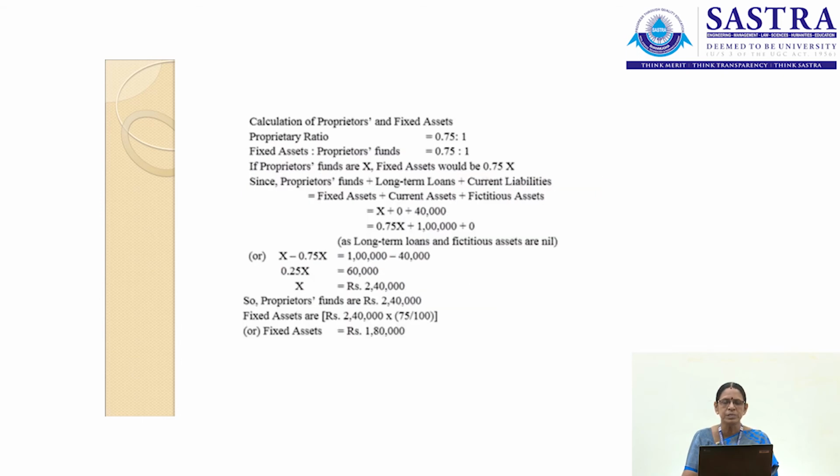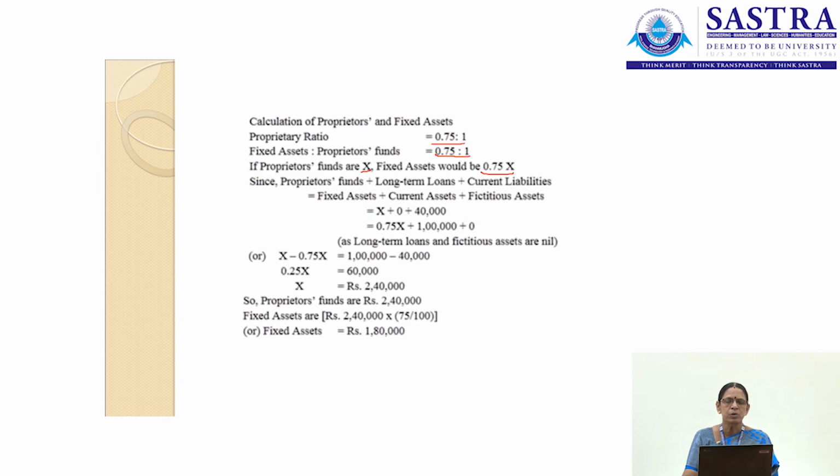Calculation of your proprietors funds and your fixed assets. Proprietary ratio is 0.75, it is given in the problem. When proprietors funds is calculated in the ratio of fixed assets to proprietors funds, that is 0.75 is to 1. That means your proprietors fund is taken to be X, fixed assets is 0.75X.